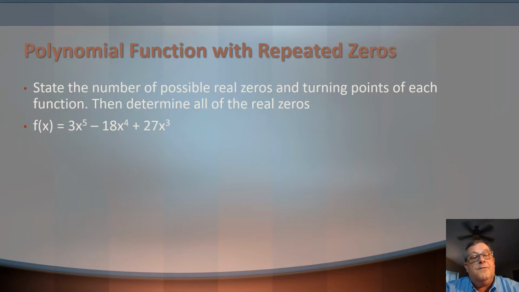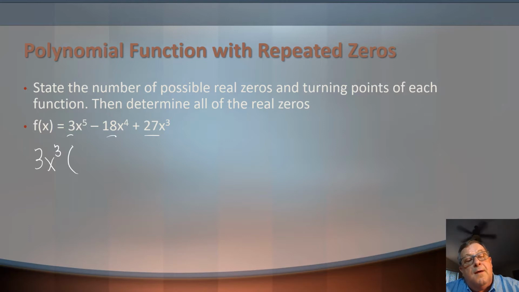And again, what is the greatest common factor that I can factor out of this? Well, I got a 3, 18, 27. Those are all multiples of 3. And then I got an x to the 5th, x to the 4th, x cubed. Well, shazam. We could factor out a 3x cubed.